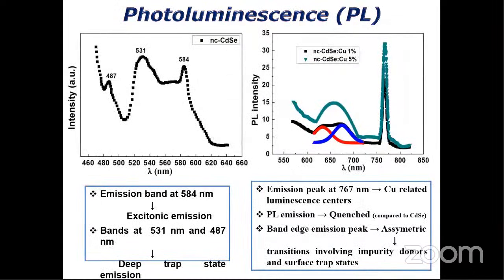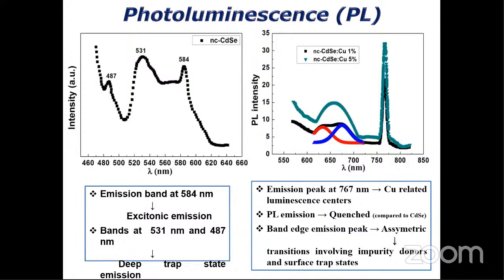This is the photoluminescence spectra of those films. Here we can see we are getting an emission band at 584 nanometer or so, which is the excitonic emission, and the bands at 531 nanometer and 487 nanometer are due to the deep trap state emission.